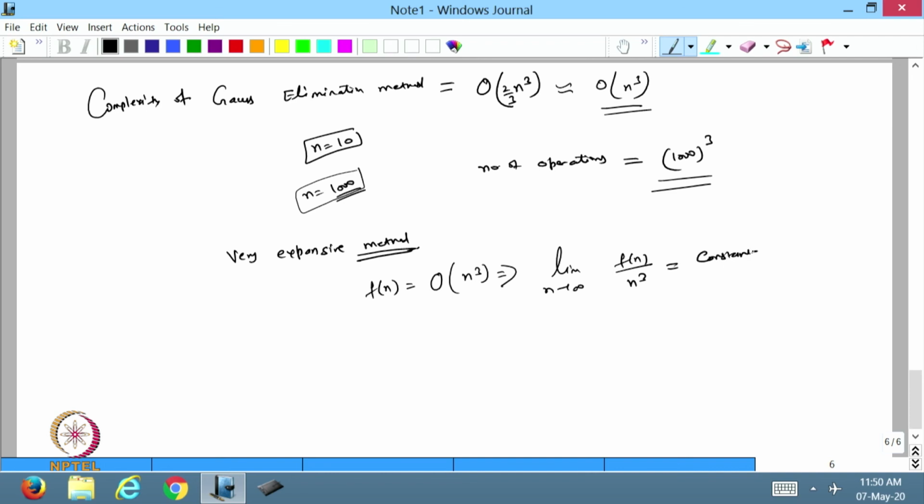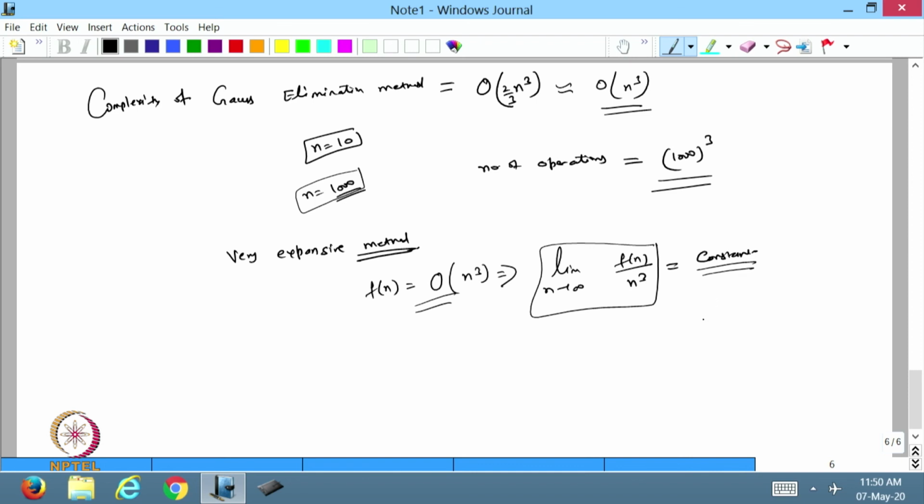So that is the meaning of order of n cube. If a function of n is of order n cube, it means that f n divided by n cube will be a constant value. That is the meaning of big O, and it is used in complexity. So that is the complexity of the Gauss elimination method.